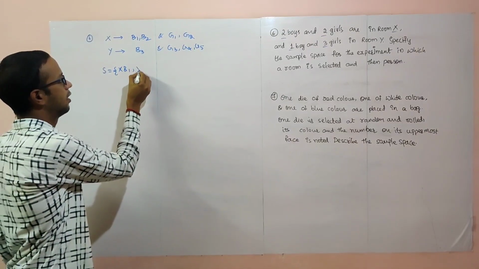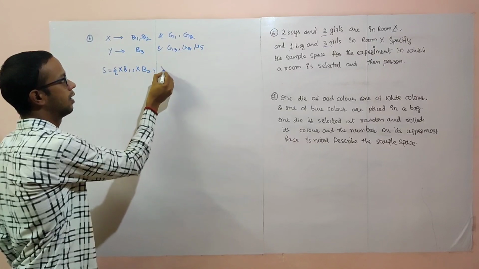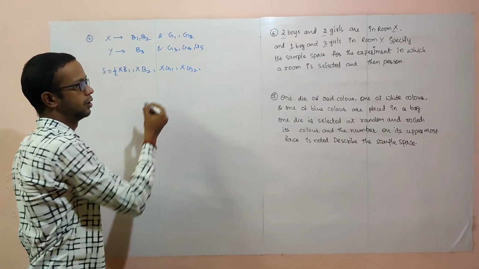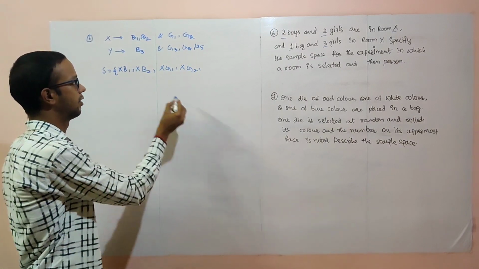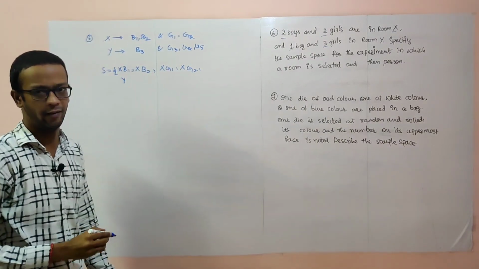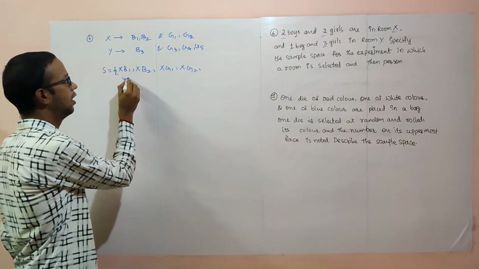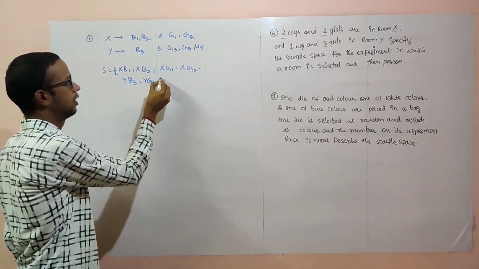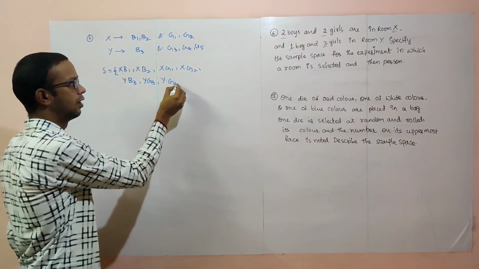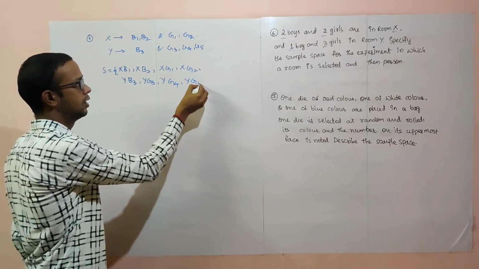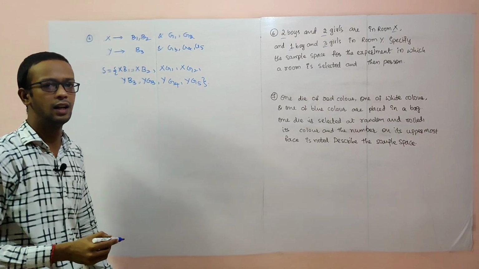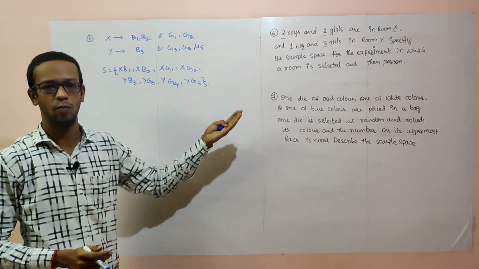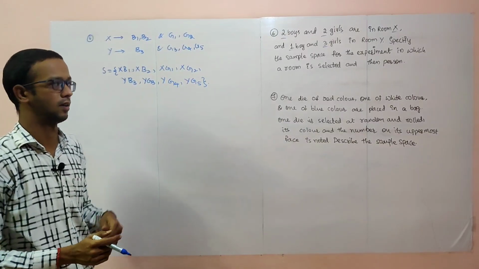B1 we can select, or B2 we can select, G1 and G2 we can select. So next, if you select room Y, B3 we can select, Y G3 we can select, Y G4, Y G5. So this is the sample space of an experiment, selecting a room first, after that selecting a person.